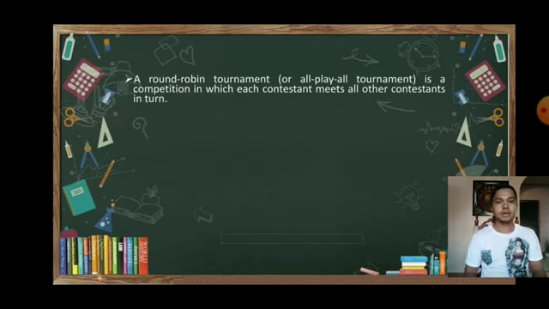A round-robin tournament or all-play-all tournament is a competition in which each contestant meets all other contestants in turn. So, ito na po yung nabanggit ko po kanina lang po.